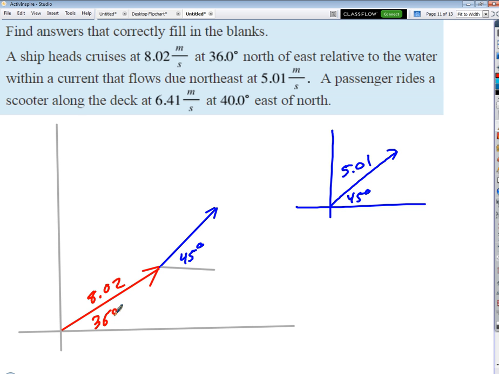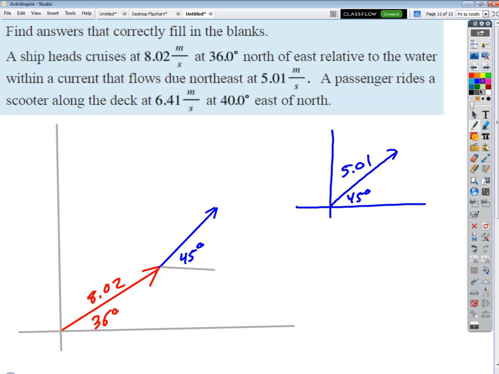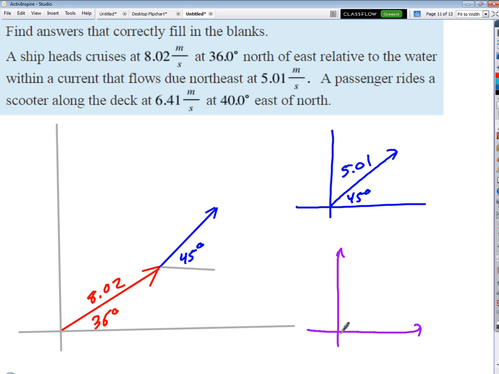So if I drew that one by itself, it would look kind of like this. It's gonna be 6.41, and there's the angle, right? We see that? 40.0 degrees, I guess. I did put the point zeros, but they're there.